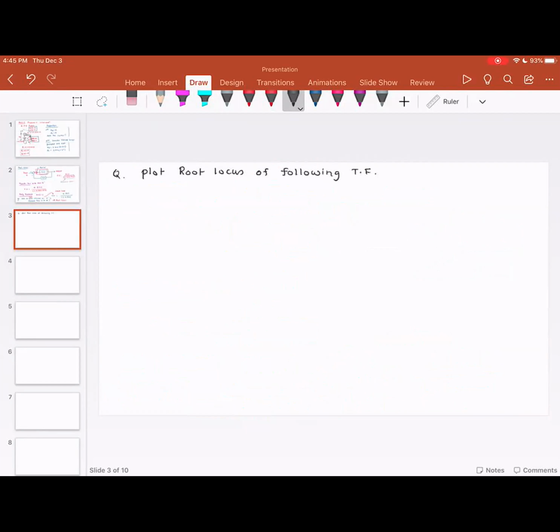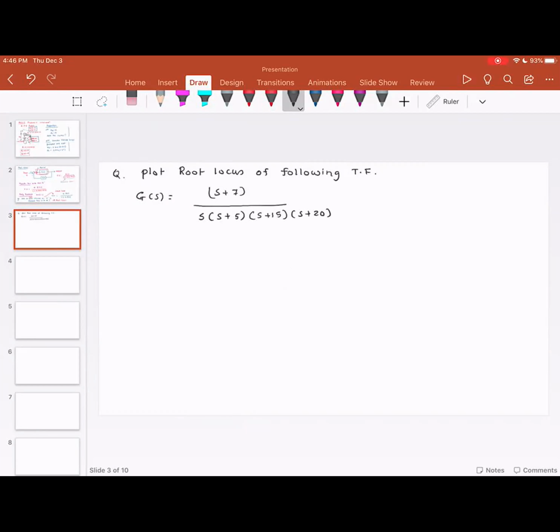The transfer function G of S is given as S plus 7 divided by S plus 5, S plus 15, S plus 20. So this is the transfer function, and what we want to do is find the root locus.